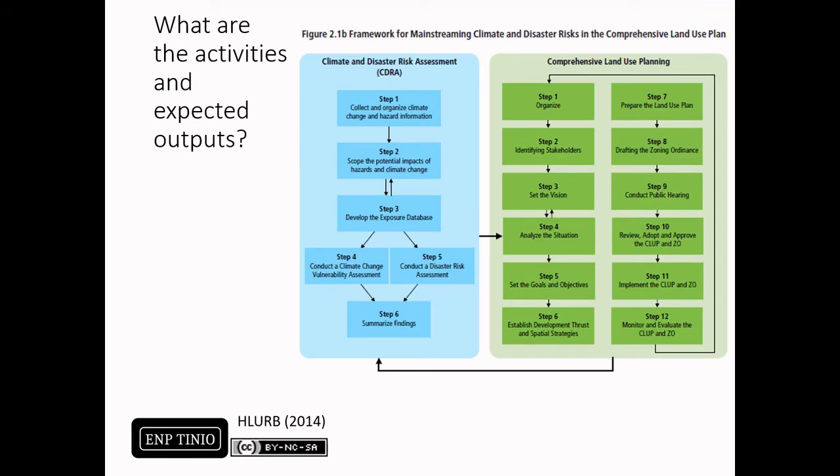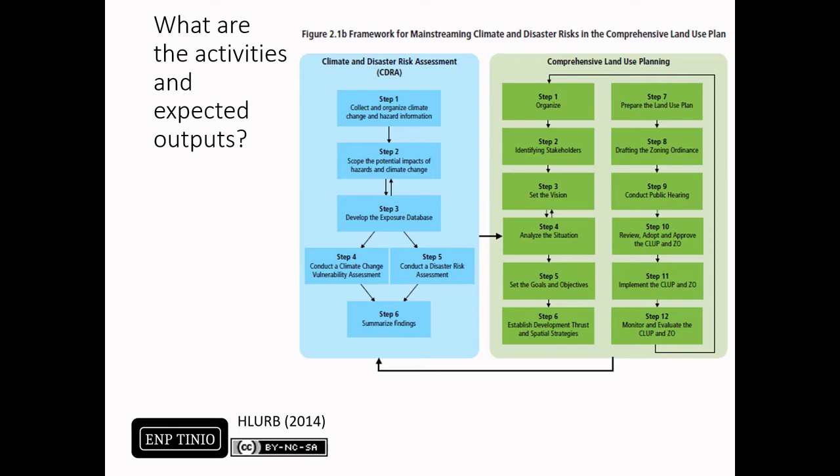What are the activities and expected outputs in climate and disaster risk assessment? The aim of climate and disaster risk assessment is to determine the risks and vulnerabilities of the local government territory. Because of this, it mainly integrates with the CLUP process through step 4, or analyze the situation.